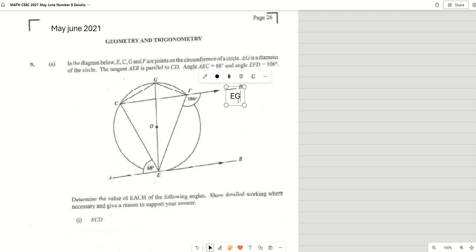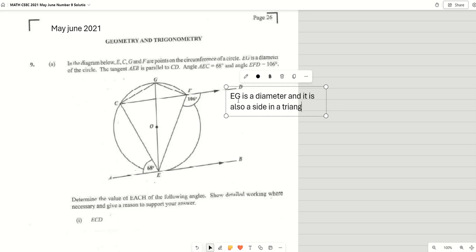If EG is a diameter and it is also a side in a triangle in the circle, the angle opposite the side is 90 degrees.